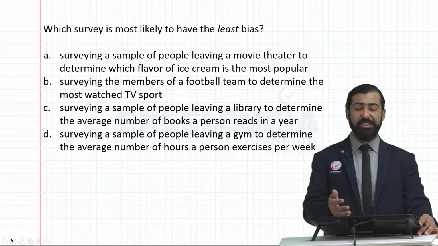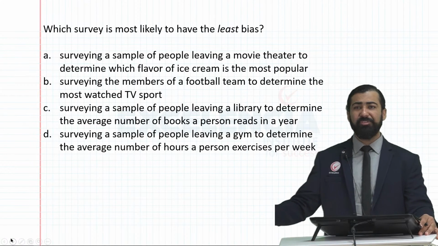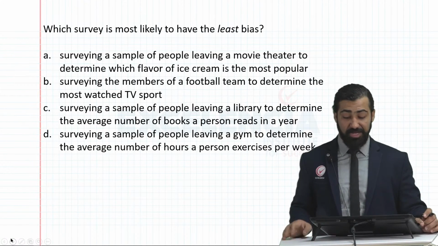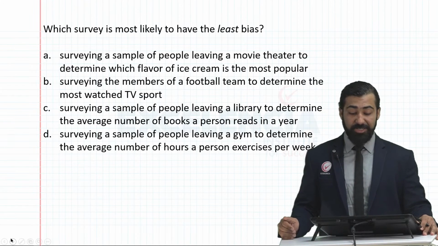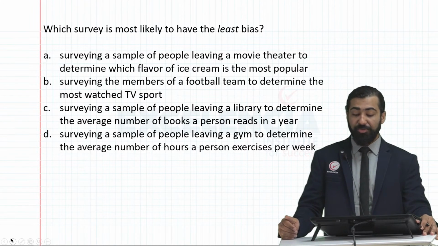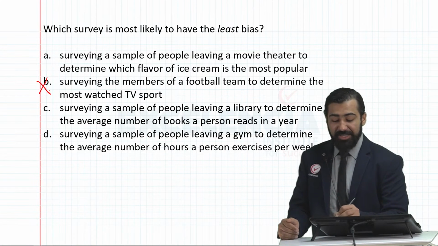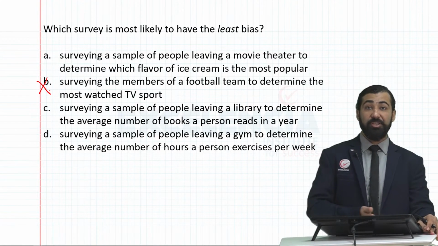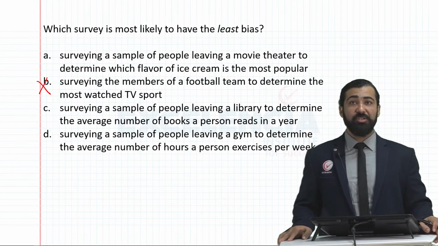Before I say yes or no, I'll just keep in mind that some people have gone out to a movie and you're talking to them about ice cream and not movies. Surveying members of a football team to determine the most watched TV sport. Obviously, these people are going to say they like football the most because you are asking football lovers which is the most watched TV sport.